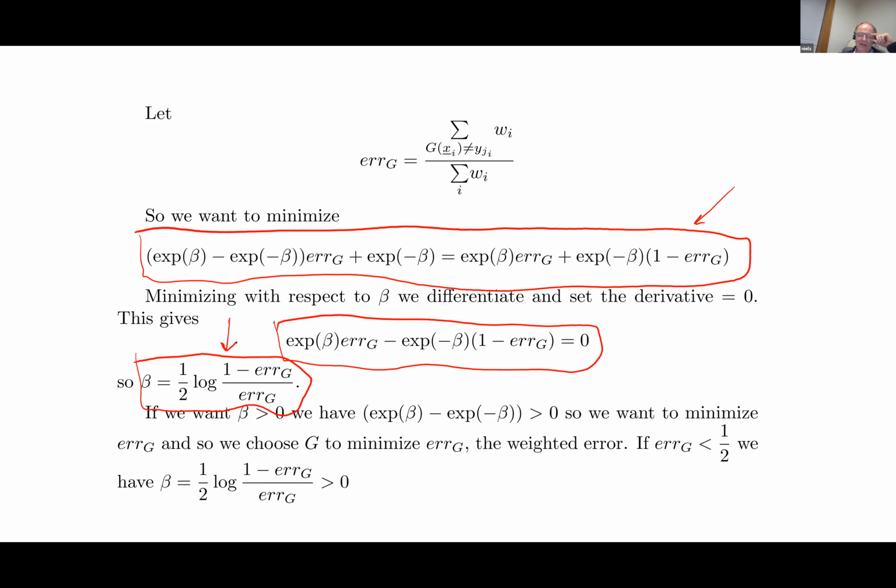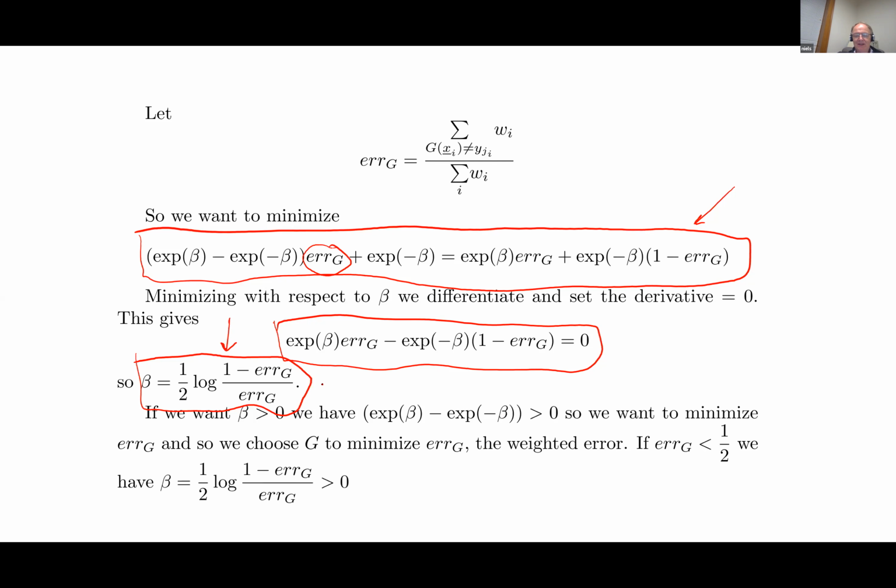Now I want a positive beta, and to have beta positive, I need that exp beta is bigger than exp minus beta. So exp beta minus exp minus beta is positive. So this is what, for a given weighted error, gives me the minimum of this function here. And now I want to minimize. So I find a beta given by this.